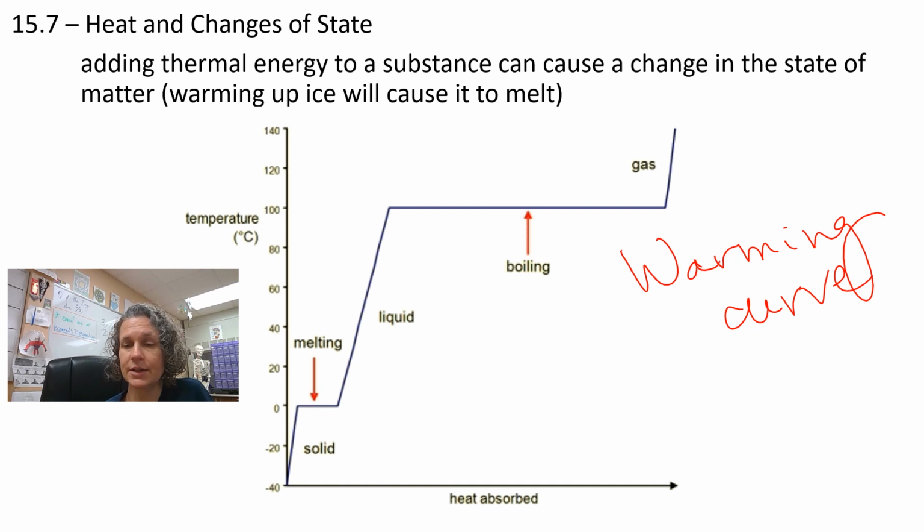It is ice. And as you get to 0 degrees, it will go through the process of melting. So I'm warming it up, and it will melt. And notice that it plateaus right there at 0 degrees. And then it's going to plateau again up here when it's boiling.